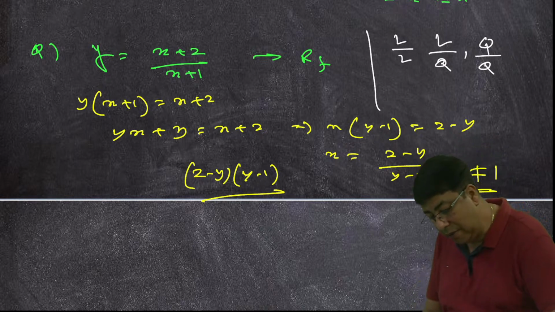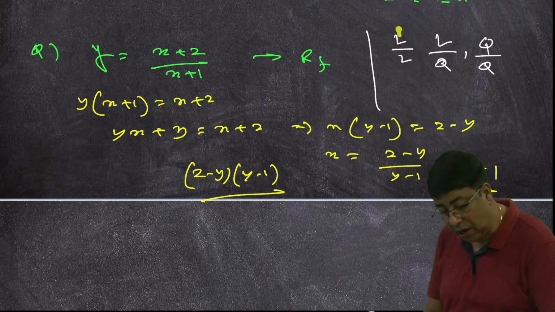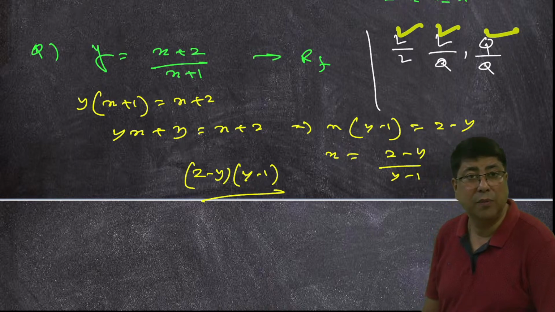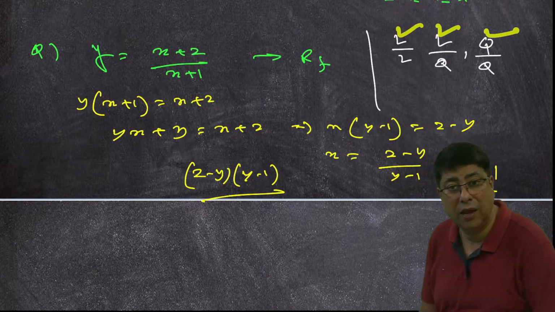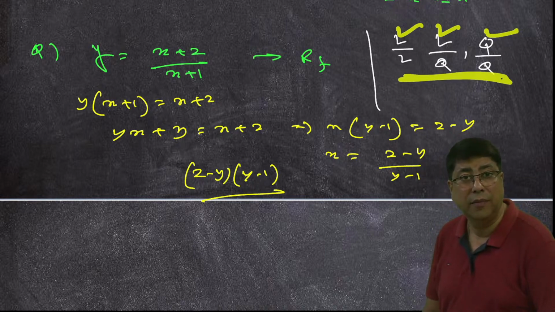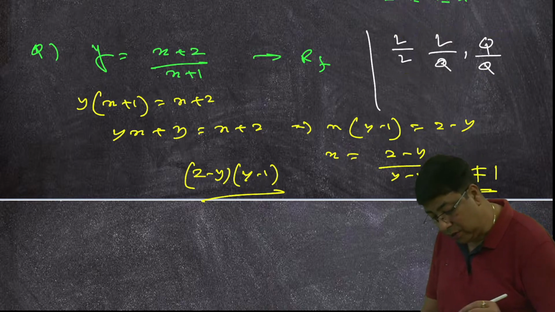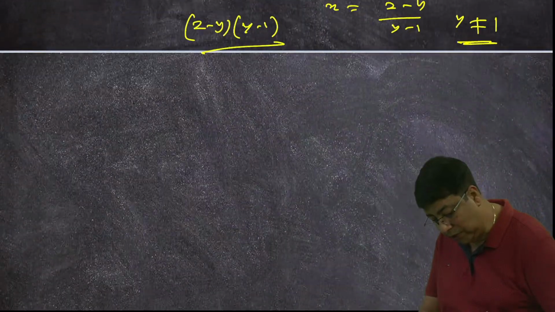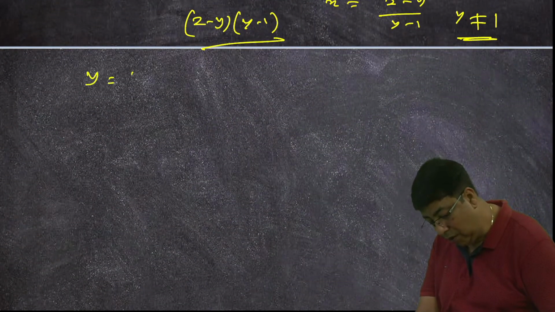This curve drawing, these three curves, is very important for those preparing for JEE Advanced and ISI. These three types, including the quadratic expression, are important for drawing the diagram. Suppose I am drawing y equal to x plus 2 by x plus 1.